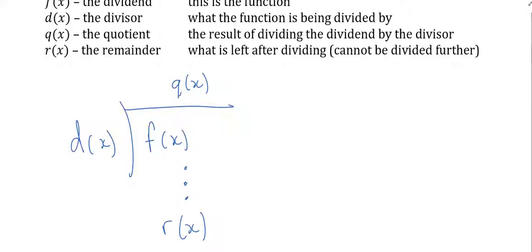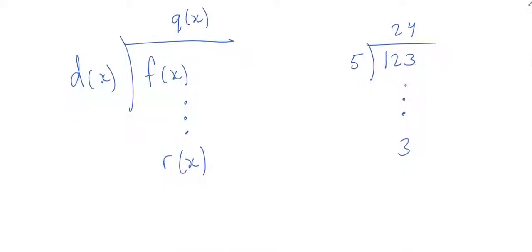The example we did yesterday was, I believe, 5 divides into 123. We got 24 as our quotient. So 5 goes into 123, 24 whole times, with a remainder of 3. And remember, we wrote out this division statement.